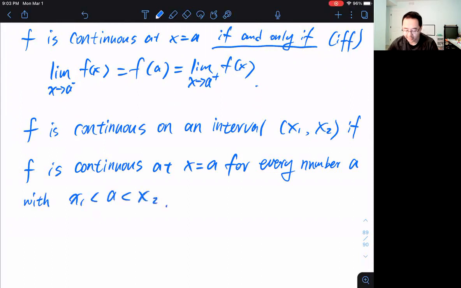So if a is any number between x1 and x2, and at any of those points the function f is continuous, then we say the function f is continuous on the whole interval.